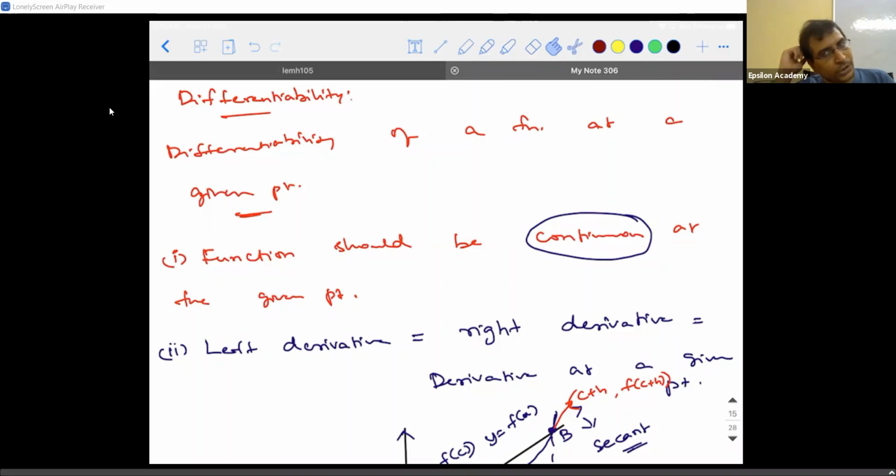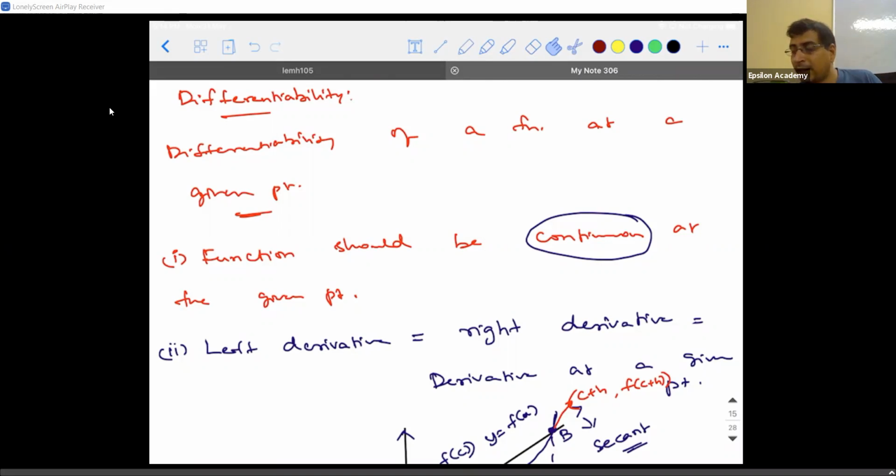So differentiability means what are we trying to say? When can you say a function is differentiable at a given point? The first and foremost condition is that the function is supposed to be continuous. Second, the left derivative should be equal to the right derivative should be equal to the derivative of the function at the given point.